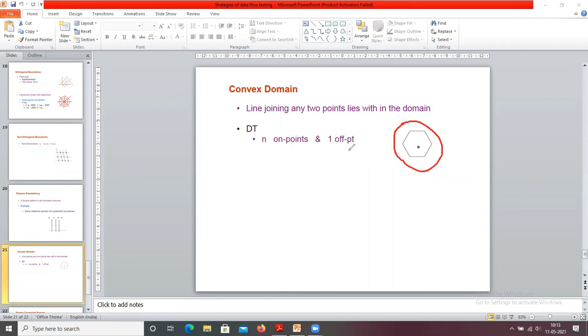These are the different properties you use to decide whether a domain is a nice domain. If you can easily apply all these properties to a domain, we say that the domain is a nice domain. In tomorrow's class, we are going to discuss ugly domains.